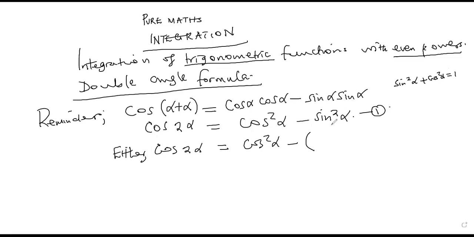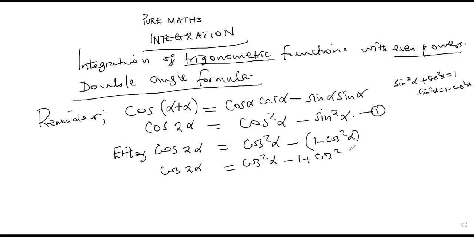By all means I can express sine squared alpha in terms of cos: sine squared alpha is 1 minus cos squared alpha. Substituting this, cos 2 alpha is equal to cos squared alpha minus 1 plus cos squared alpha. Working on this, cos squared alpha plus cos squared alpha is 2 cos squared alpha, then minus 1. I call this my equation 2.